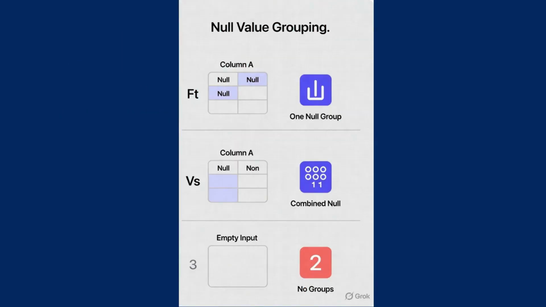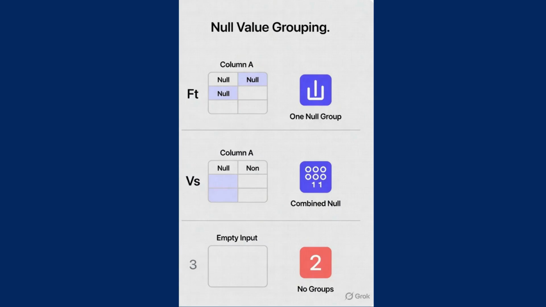Check out these 3 quick scenarios. They show exactly how KQL handles nulls when you group by. First one, single column with all nulls. All those null rows collapse into exactly one null group, not scattered, not ignored, just one tidy group. See the single group icon. Second scenario, multi-column grouping. One column has null, the other has values. Even with mixed data, all rows that have null anywhere still end up in one combined null group.